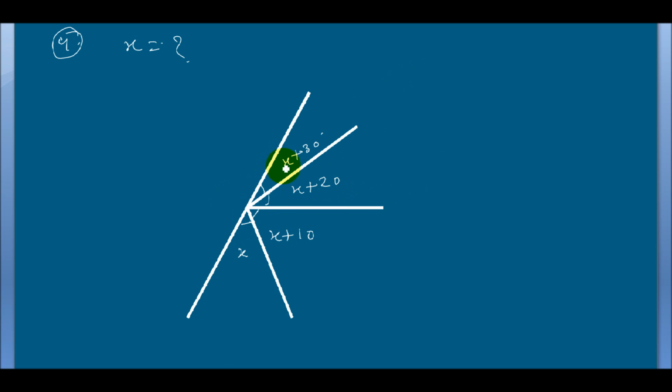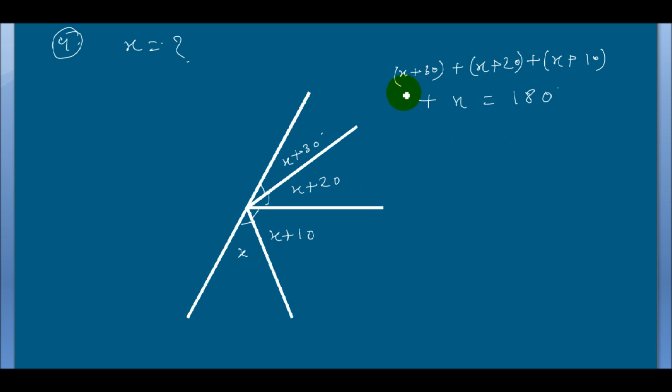You just put all the magnitudes of the angles and sum them. For example, x plus 30 for the first angle, plus x plus 20, plus x plus 10, plus x, equal to 180 degrees.